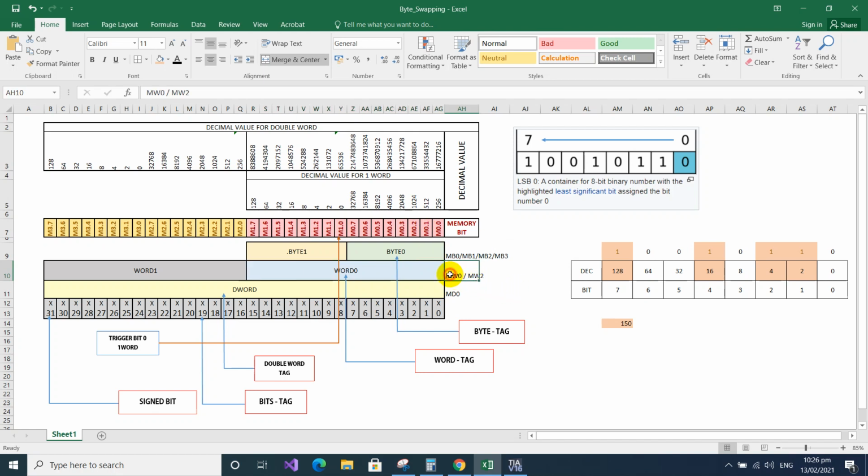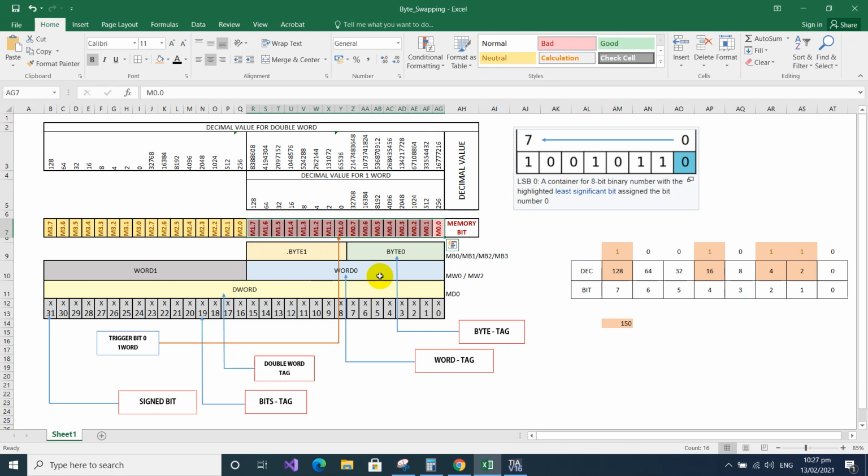So if you start with MW0, if your address is MW0, that comprises memory bits M0.0 until M1.7. So if you're using a set point MW0 to put a value on a certain set point, then you might be affecting these bits as well.